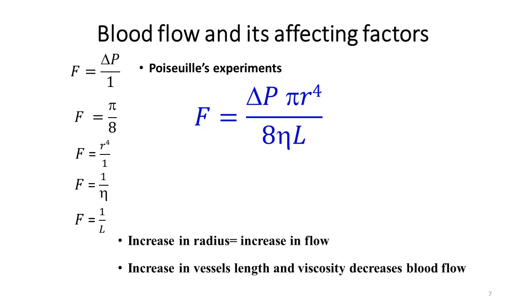So this is another important factor. And the other important factor is changing the radius. Changing the radius is very simple and we can achieve it. How? By activating the sympathetic nervous system, we can reduce and increase flow.